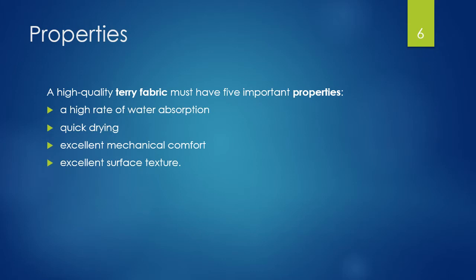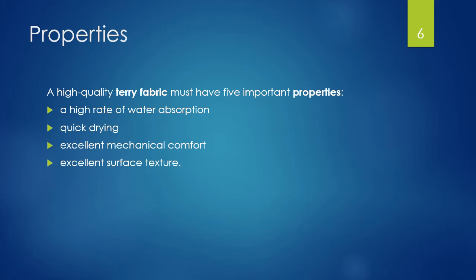So the outerwear or garment we wear must absorb that water, and after absorbing that water, it should also dry very fast. And so the second property is quick drying. Terry fabric also has the property of drying very fast.